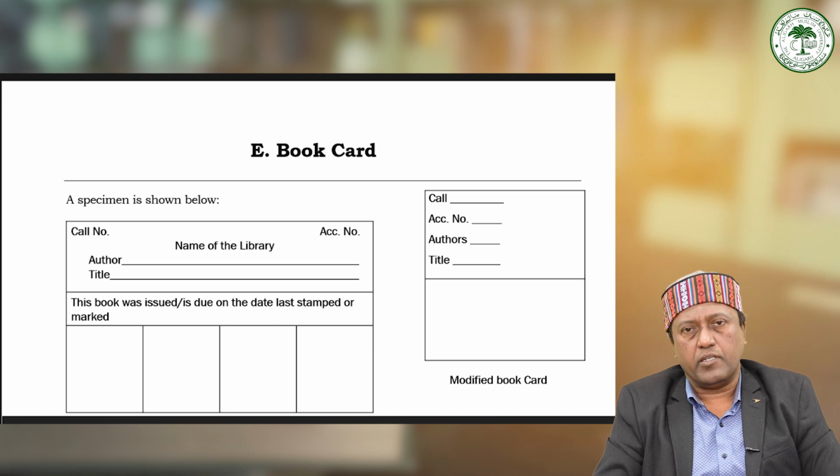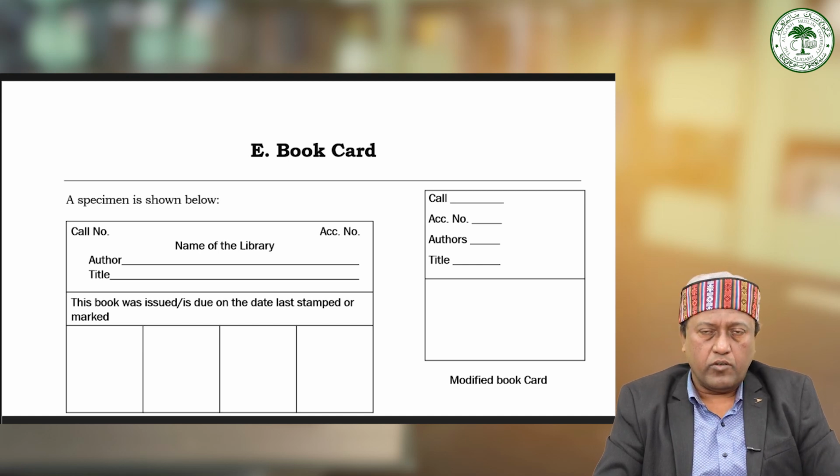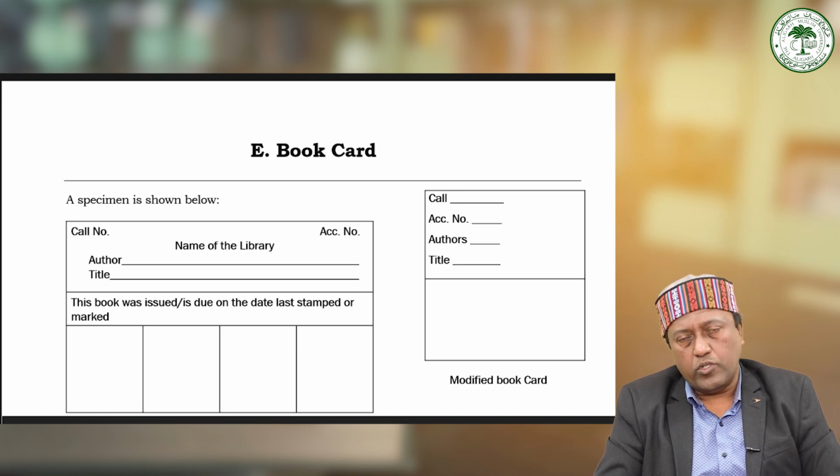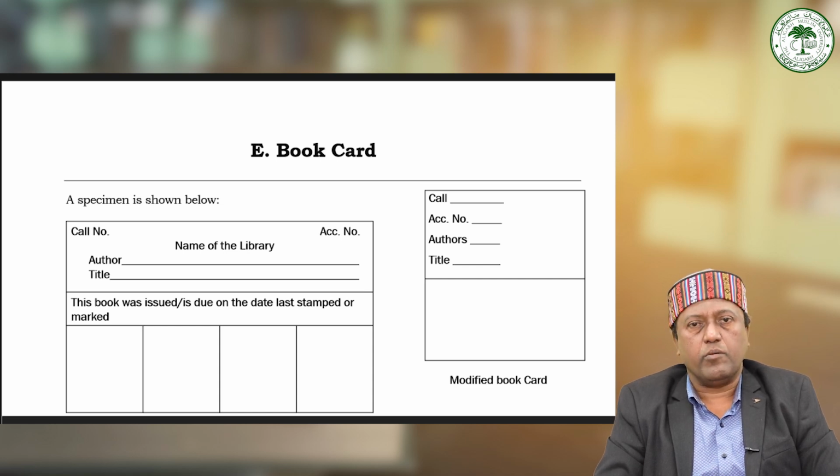This is the complete address of the document, and in the reader's ticket you will have the complete address of the user, just to facilitate issue and return, check-out and check-in. To facilitate this, the technical or processing section has to do all this job. This card provides essential information about the items and facilitates efficient management of the library collection.